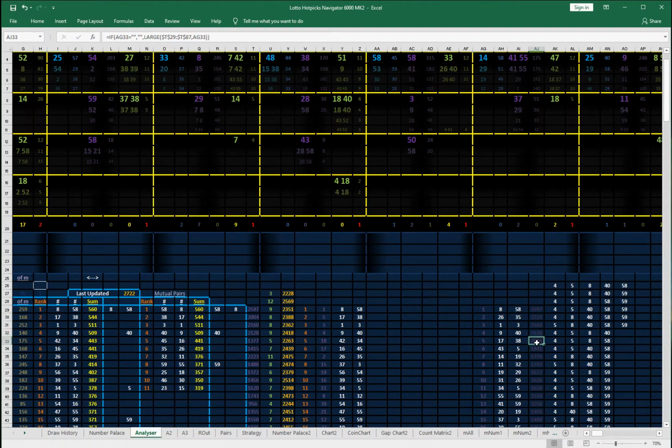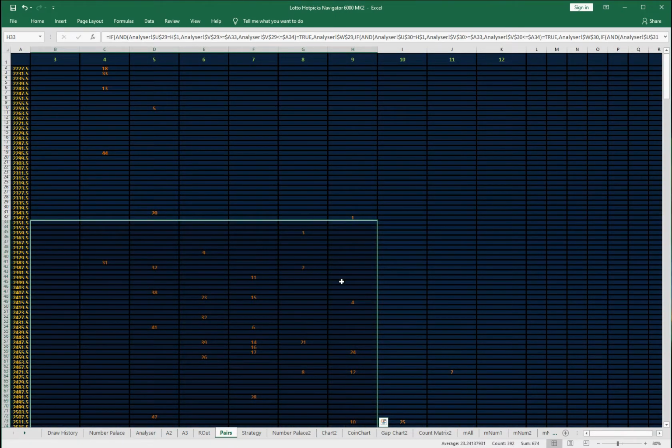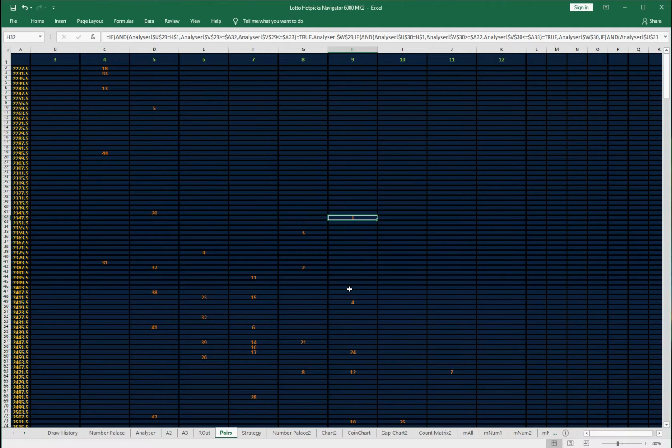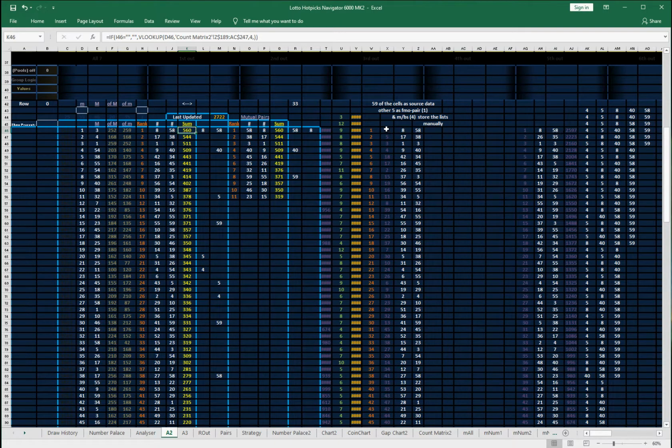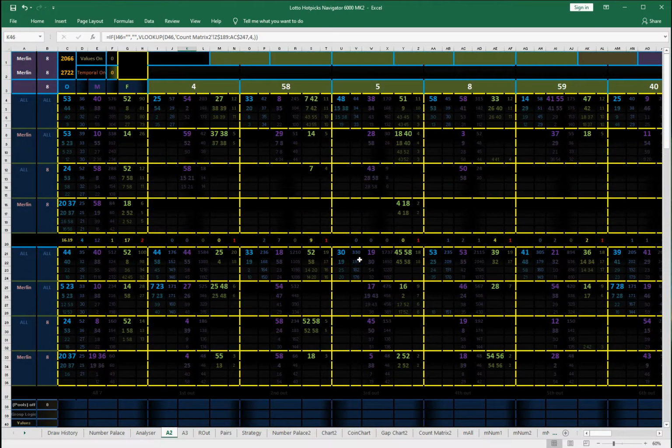And if you rank them by M values, then 17 and 38, for example, which is the second highest ranking pair, is actually the one with the 5th largest area on this pairs chart. But the one with the largest area, number 1, is also the top ranking pair. It's a mutual pair and it's 8 and 58.